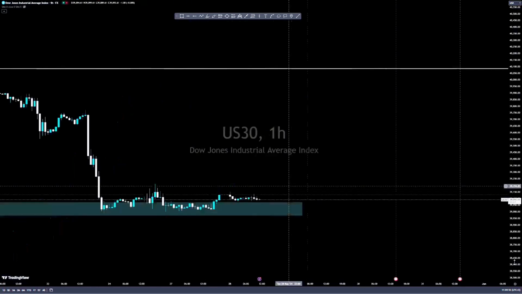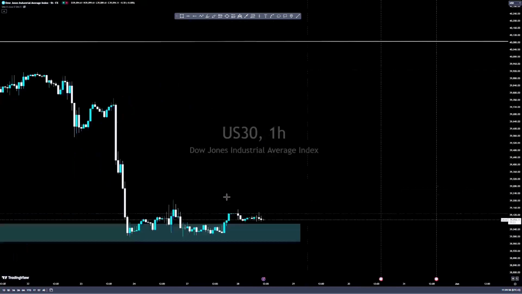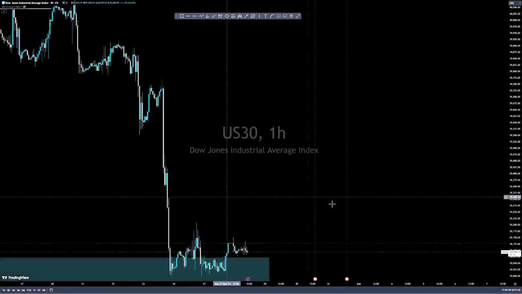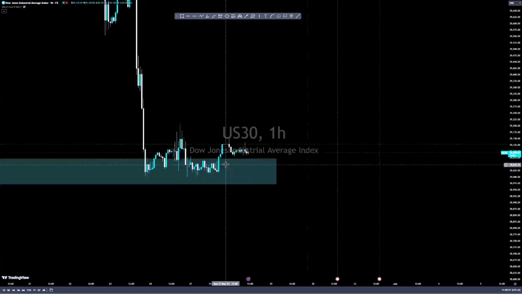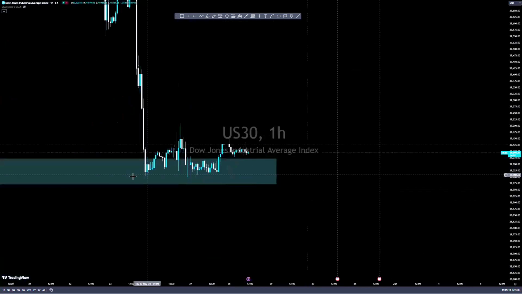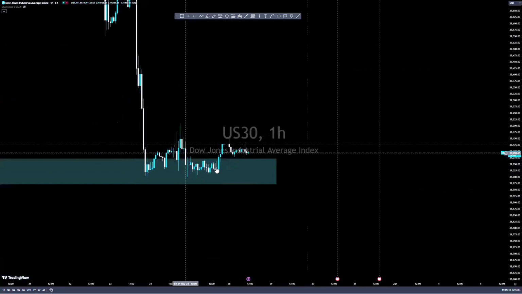Most people are looking to buy US30 here. I've seen a lot of people saying US30 is about to buy at this demand zone, and I can't really deny them, because if you check price, it's playing too much here, and it has shown a lot of reversal candles, right?